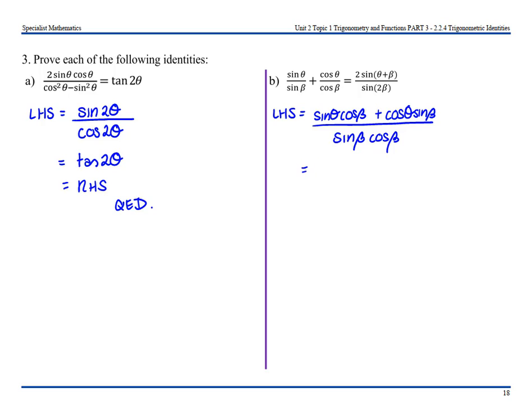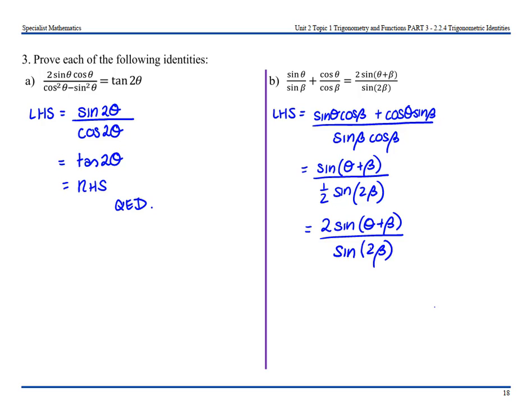The top is our identity sine of theta plus beta. Our bottom is the identity a half sine of 2 beta. Bring that half up, so we've got 2 sine of theta plus beta all over sine 2 beta, which is equal to our right-hand side.